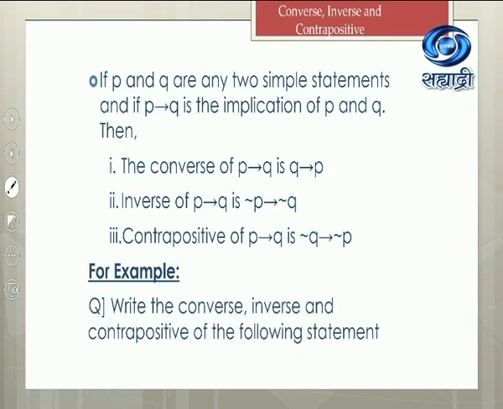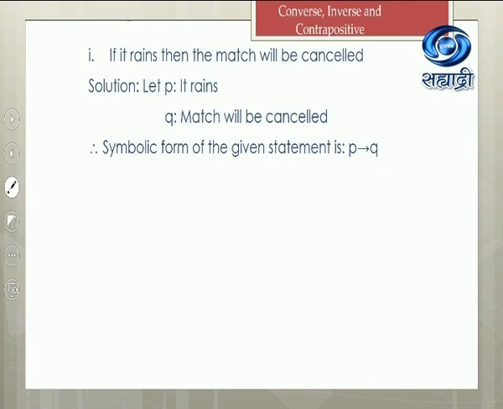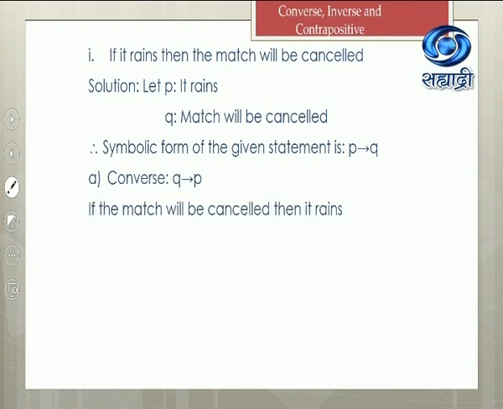Write the converse, inverse and contrapositive of the following statements. If it rains, then the match will be cancelled. Here P statement is it rains, Q statement is match will be cancelled. So the symbolic form of the given statement is P implies Q. Now the converse is Q implies P, so it will be: if the match will be cancelled, then it rains.